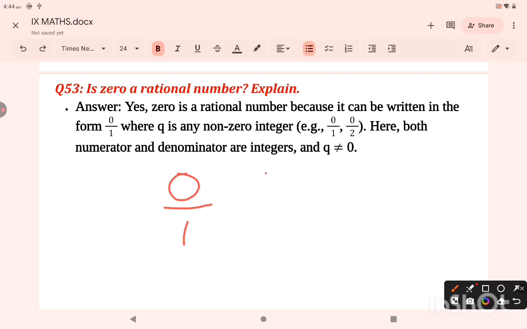Here p is equal to 0, q is equal to 1. Both p, q are integers, q not equal to 0. All the conditions of rational numbers are satisfied here. Therefore, 0 is a rational number because it can be expressed in the form of p by q.